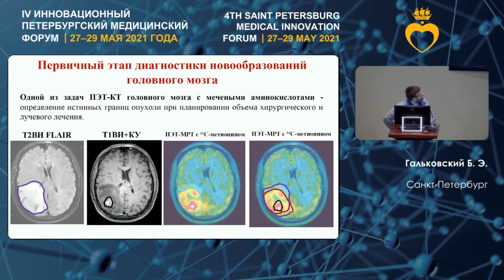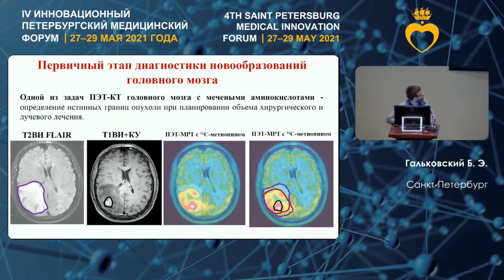The borders are much smaller. But if we use PET MRI with labeled amino acids, you see the metabolism with bright zones. Thus, we can understand the real borders of the tumor. And if we combine the results of the 3 images, we can determine the actual size of the tumor.